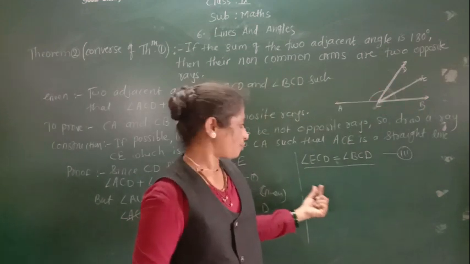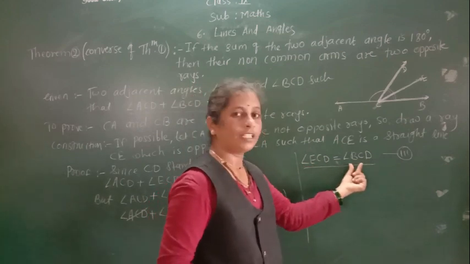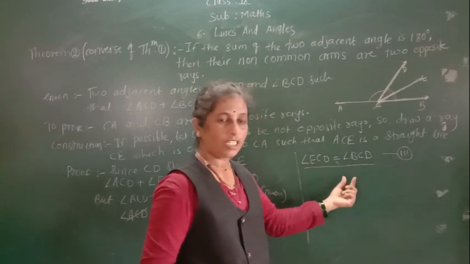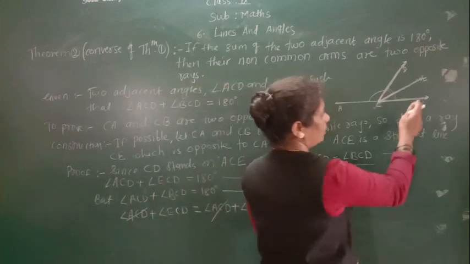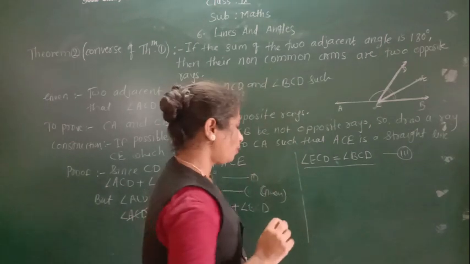Understood, everyone? So we got angle ECD equals angle BCD. When is it possible? If CE and CB coincide.